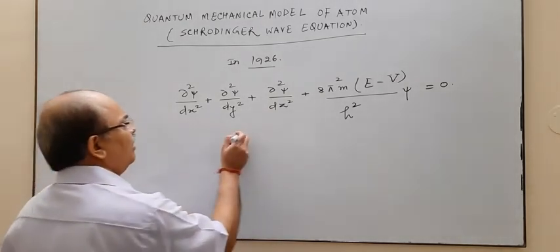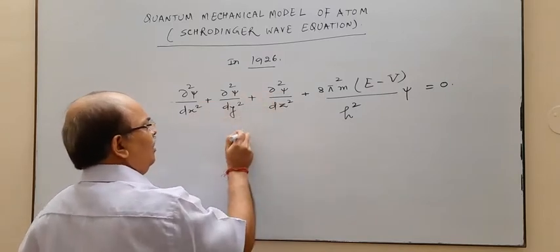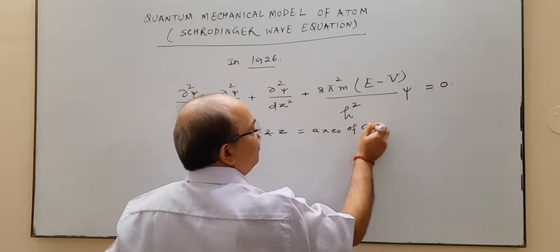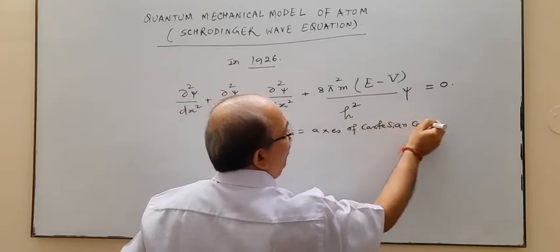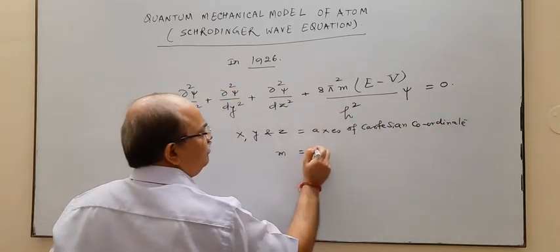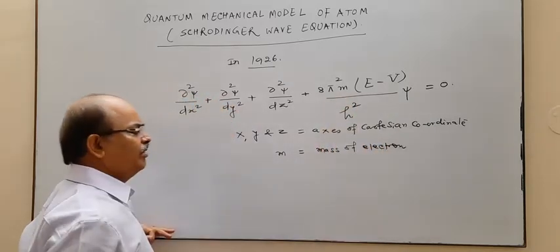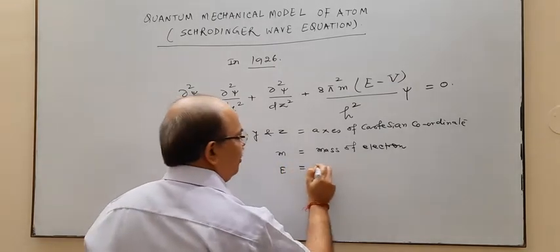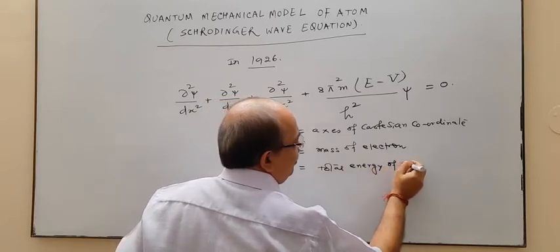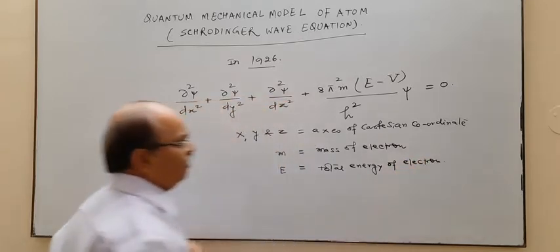In this equation, x, y and z are the axes of Cartesian coordinates. m is the mass of the electron, E is the total energy of the electron.